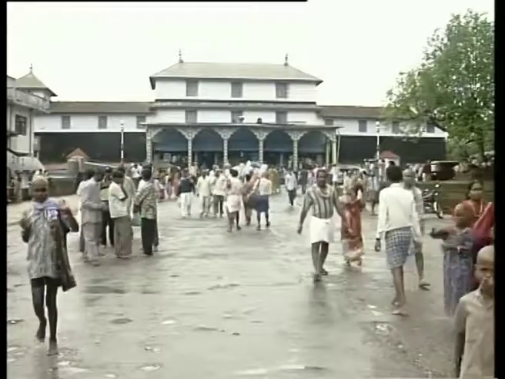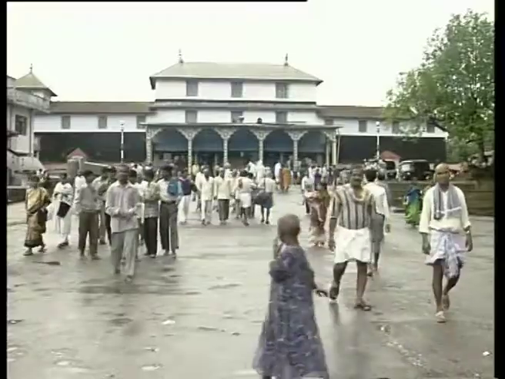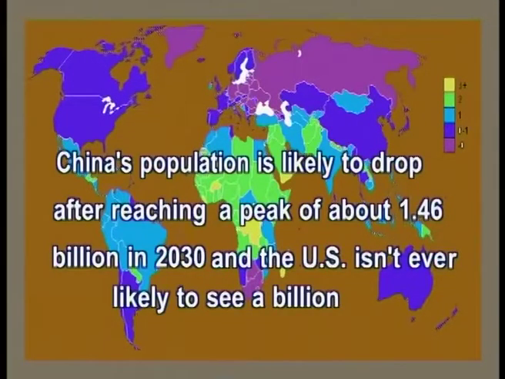Thus, India is expected to become the first and only country on the planet to reach a population of more than 2 billion. Recall that China's population is likely to drop after reaching a peak of about 1.46 billion in 2030, and the US is not ever likely to see a billion.